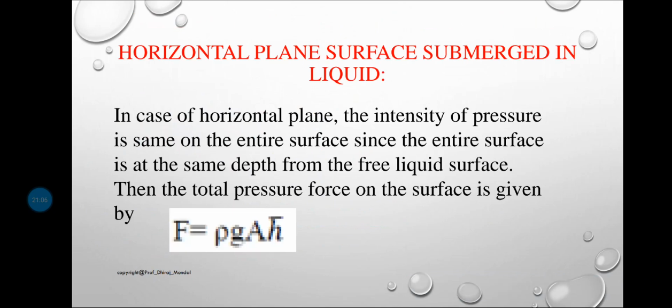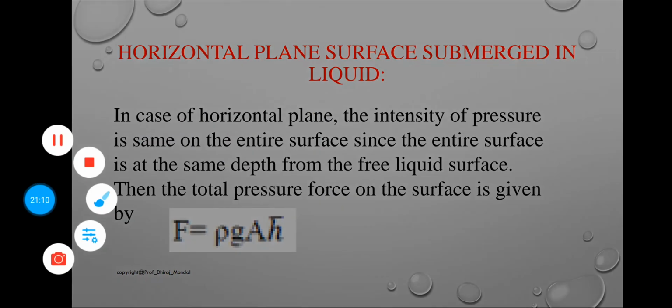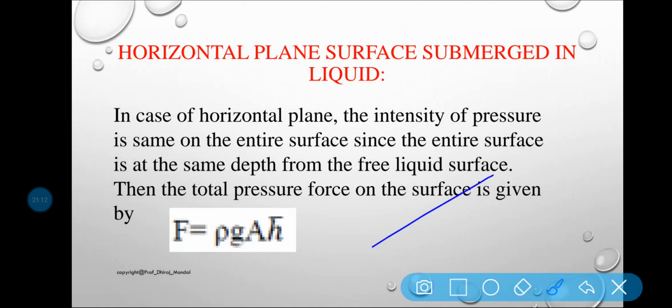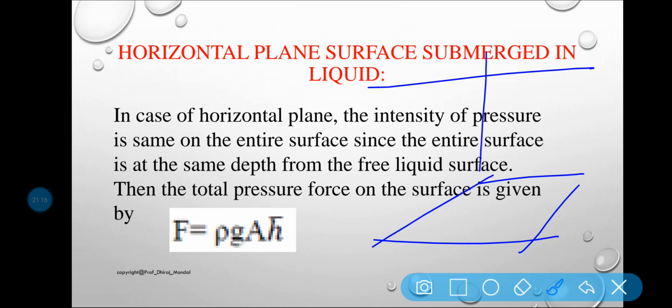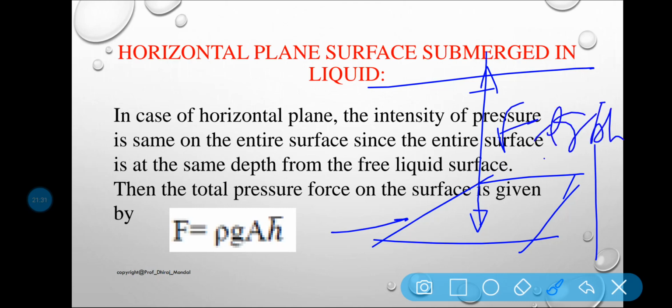Next, coming to the next slide: horizontal plane surface submerged in liquid. When a horizontal plane surface like this is submerged in liquid, this is your free surface. Now how can we calculate the force? You know that this is a horizontal plane, so the force is equal to rho g A H bar.